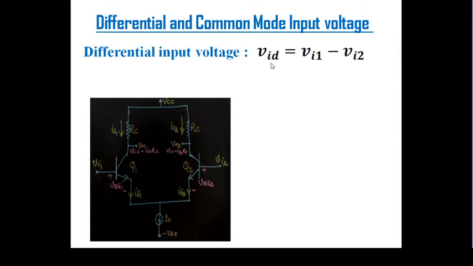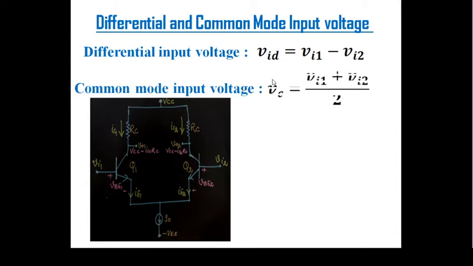The common mode input is represented by Vc equals Vi1 plus Vi2 by 2. By solving these two equations, we can easily find Vi1 and Vi2 in terms of the differential input voltage and the common mode input voltage.